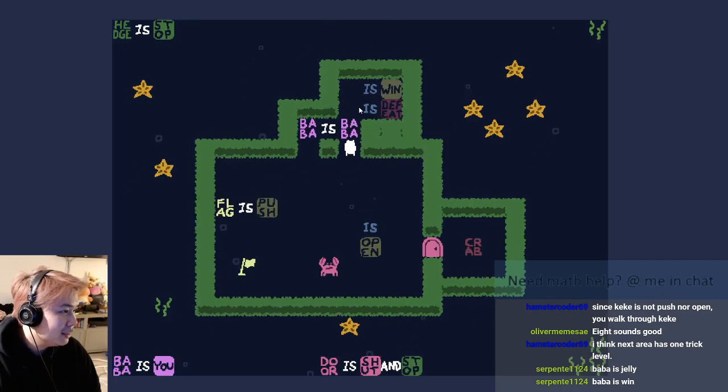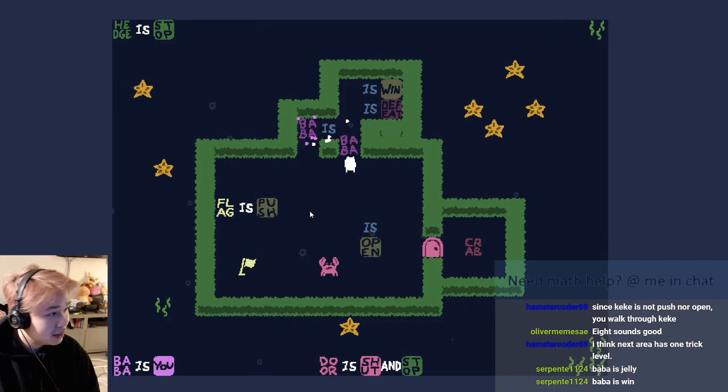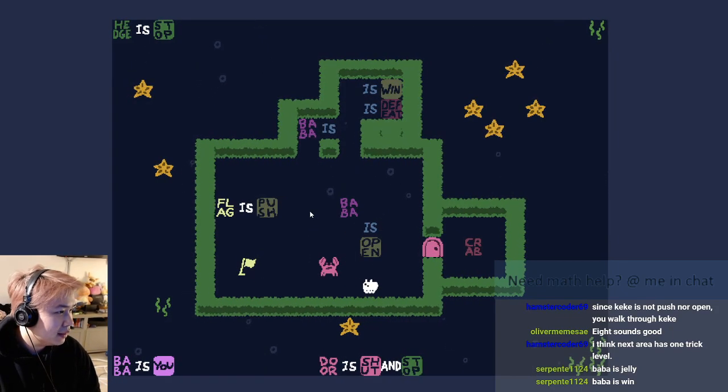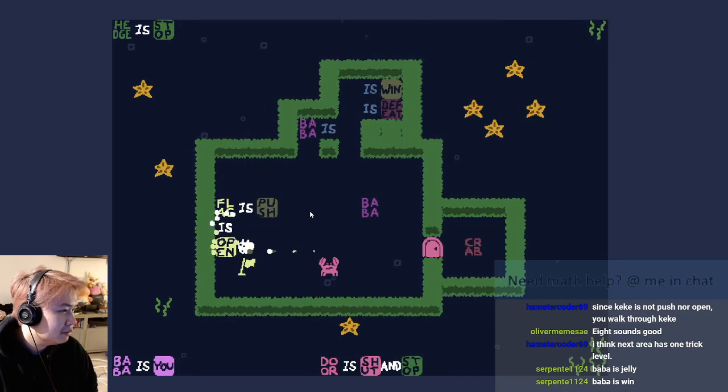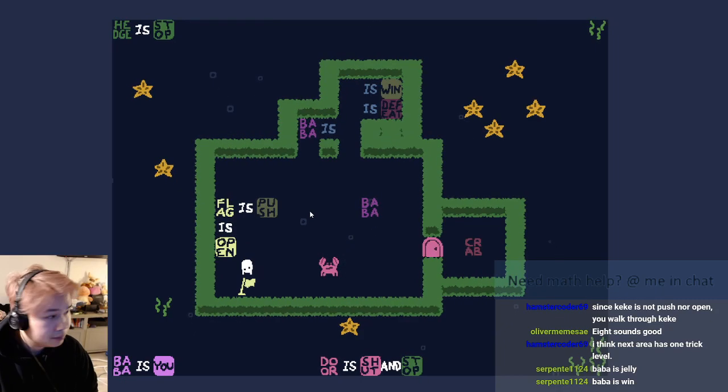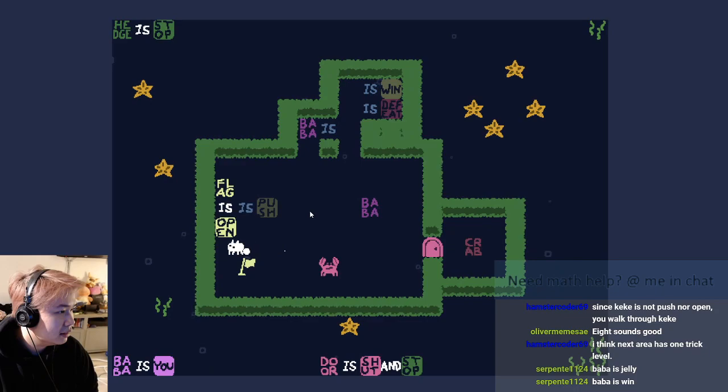The moment I push this into Baba's defeat and I am Baba, I die. So I can't do that. Let's see, can I... What happens if I make the flag open? Then I can use the flag like a key.